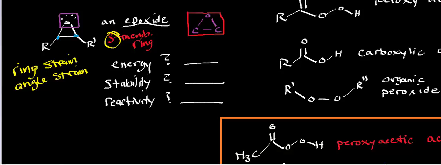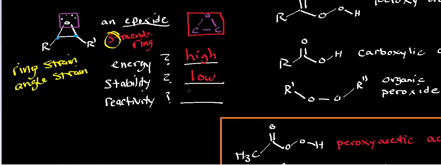So just a few things here about potential energy, stability, and reactivity. Because of the ring and angle strain here in the epoxide, the angles are pretty far from 109.5 degrees, so the energy is actually very high. That ultimately implies that the epoxide is lowly stable. It's very unstable.